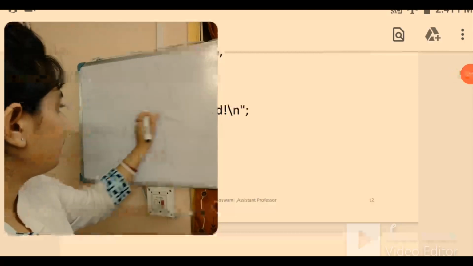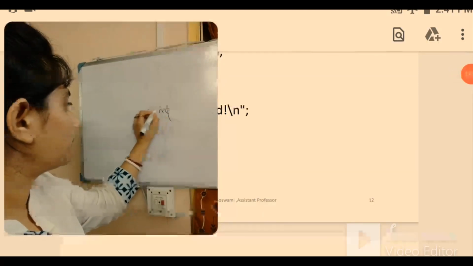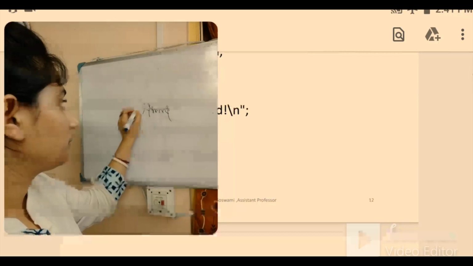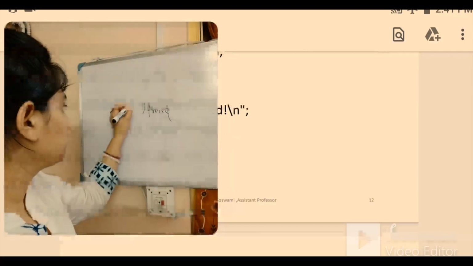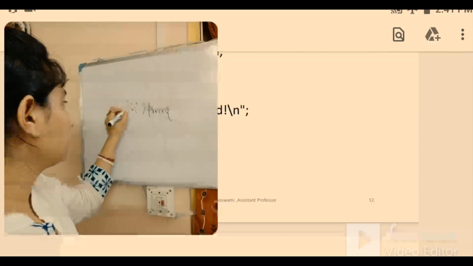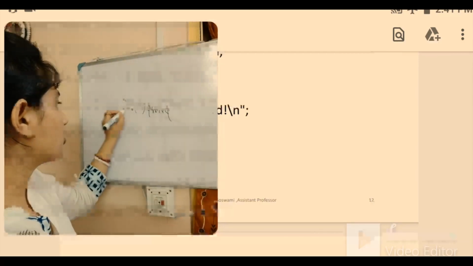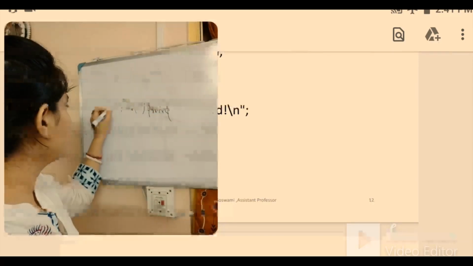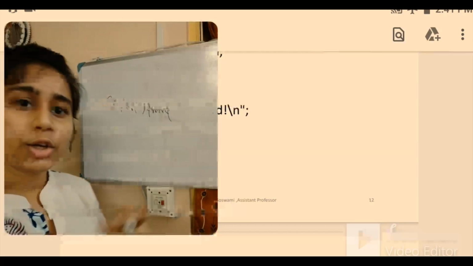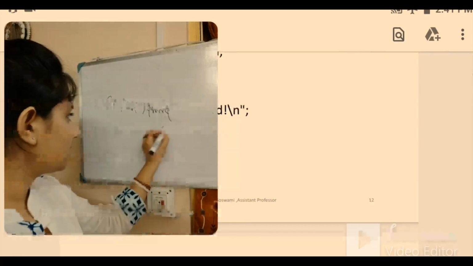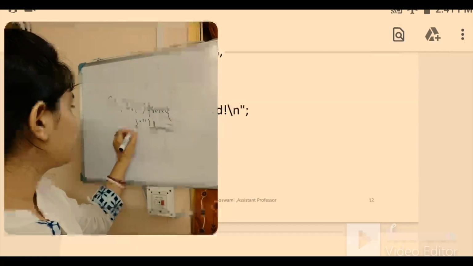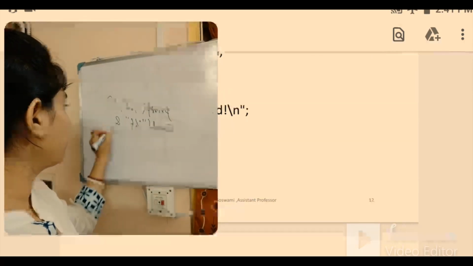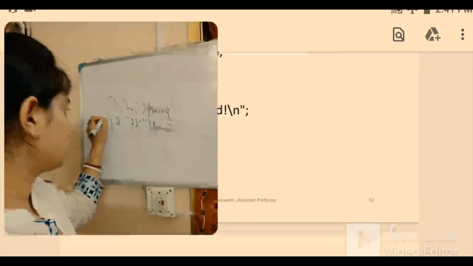If you see the printf function and you want to print an integer, you need to give %d, or if you want to scan it, then scanf with %f, %d.